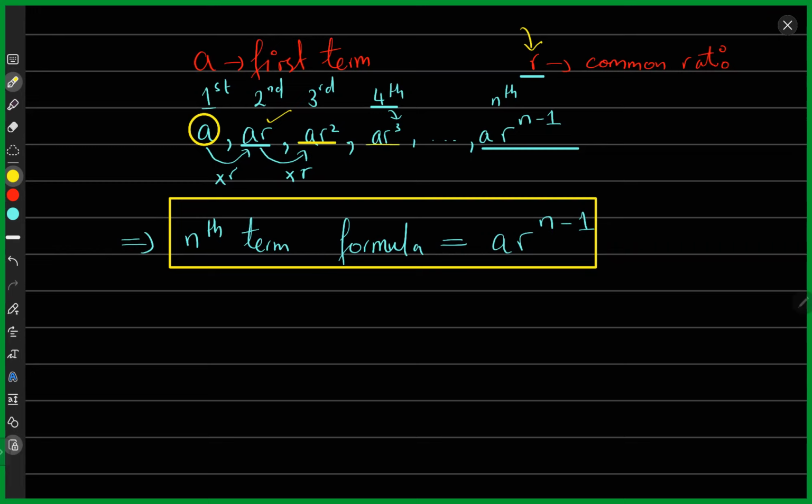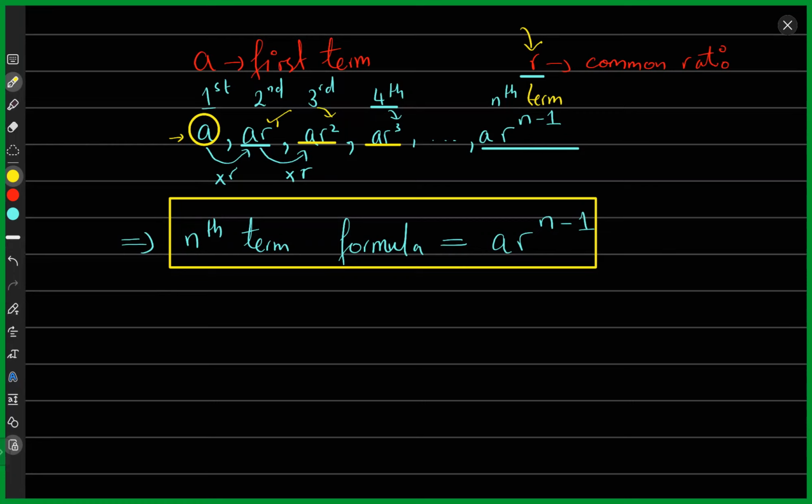I got AR cubed, and then I wanted to notice something. I wanted to find out the nth term. This was the first term, then we had the second term, third term, fourth term. But what was happening? Every time the power of R was 1 less than the term number. So when we were at the fourth term, the power of R was 3.